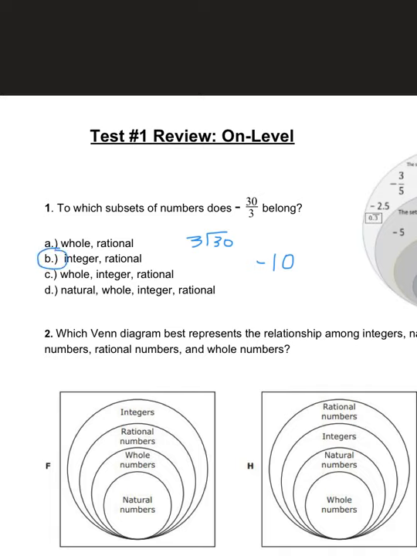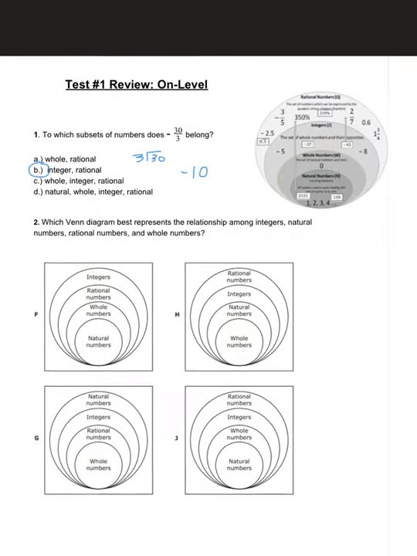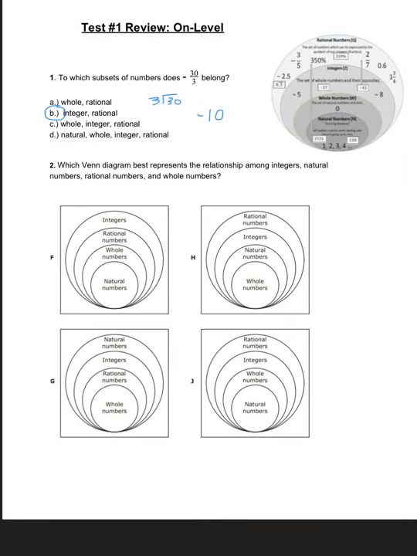All right, next question. Number 2, which Venn diagram best represents the relationship among integers, natural numbers, rational numbers, and whole numbers? So if you refer to your digital math notebook underneath your number sets notes, the diagram I have here on the slide is what you would see.